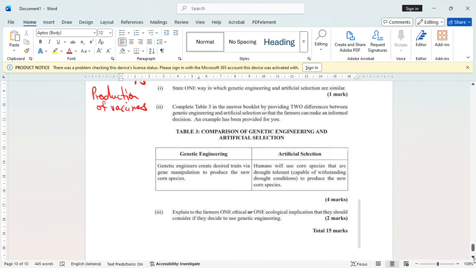So we need two differences. When you look at genetic engineering, the time span, the time taken for the trait to be introduced to one generation, is going to be fast. And that is for genetic engineering.